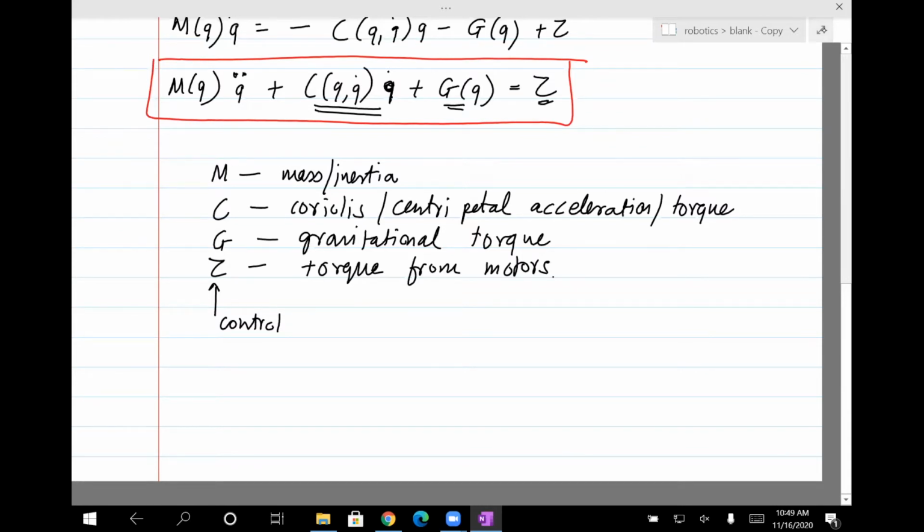I'm going to do the simplest case to motivate this. I'm going to assume that we're looking at a one-dimensional system, a 1D system, where the mass matrix will become a scalar. For C, we'll assume that it's a constant, like a damping force.